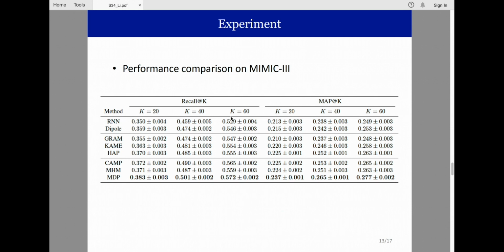This table shows the performance comparison. It shows that our proposed model, MDP, outperforms all the baselines and achieves 1.2% higher recall at 20 and MAP at 20 over the best baseline.